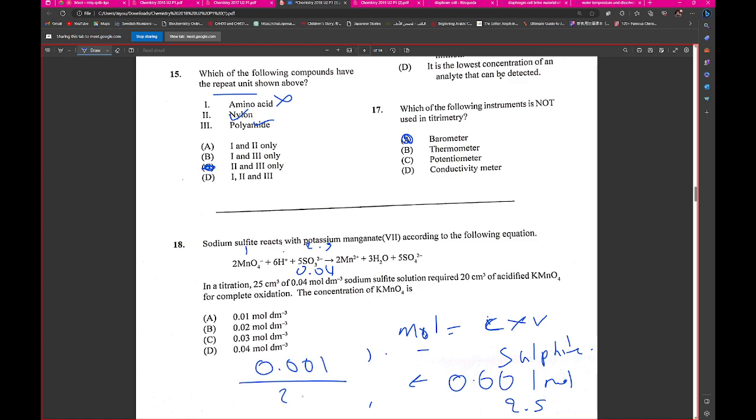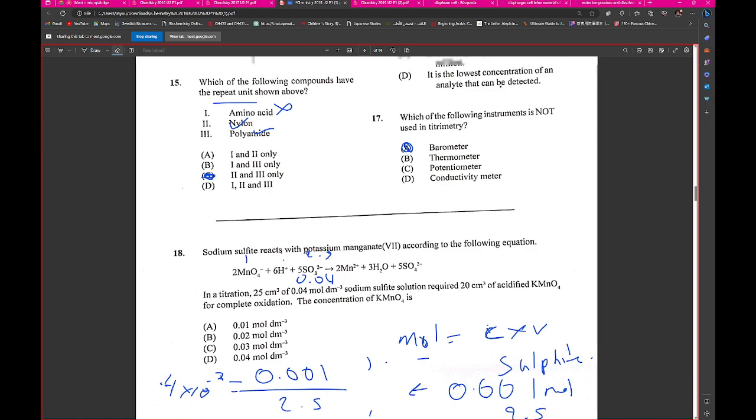What's the answer? 4 times 10 to the minus 4 power.